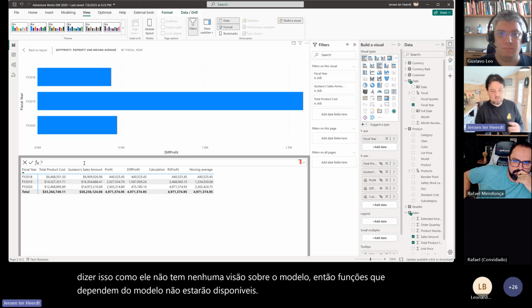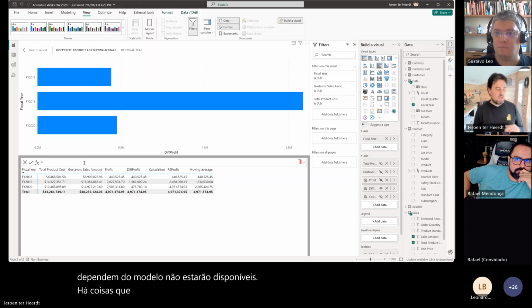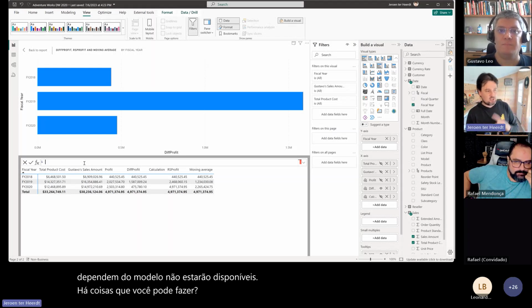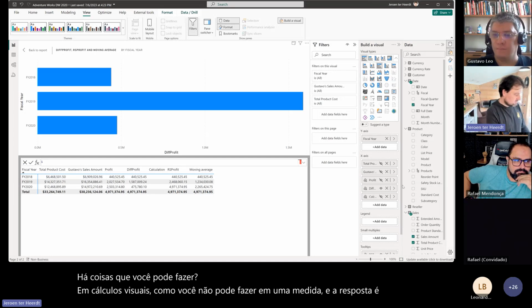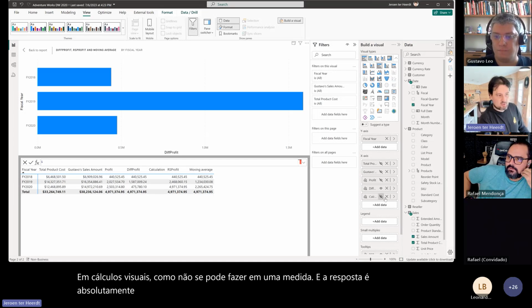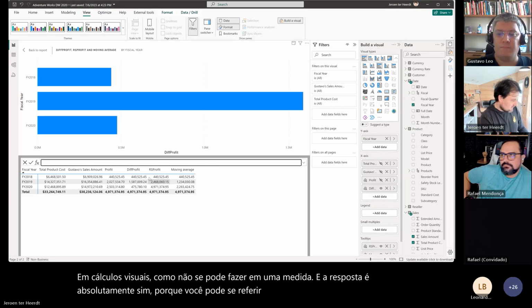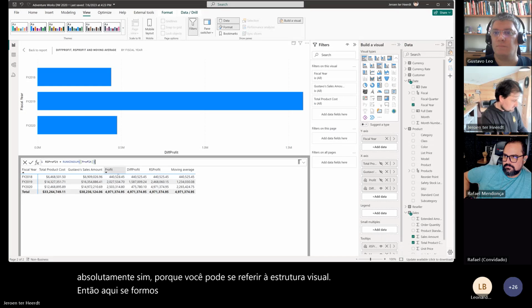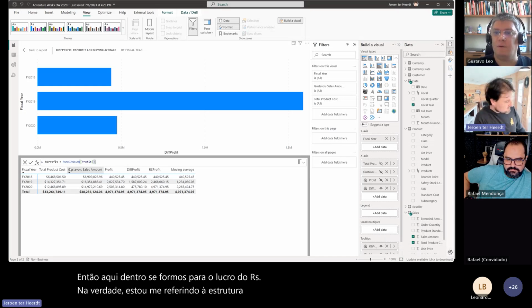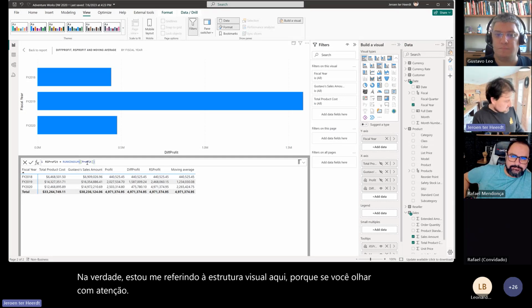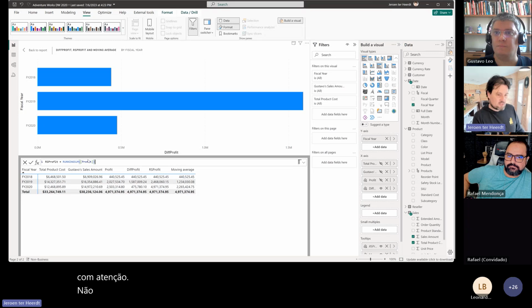Now, are there things that you can do in visual calculations that you cannot do in a measure? And the answer is absolutely yes, because you can refer to the visual structure. In here, if we go to the running sum of profit, I am actually referring to the visual structure over here. If you look closely, it doesn't say at all that I want to run this profit over years.